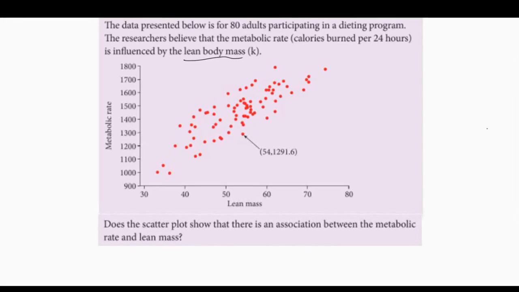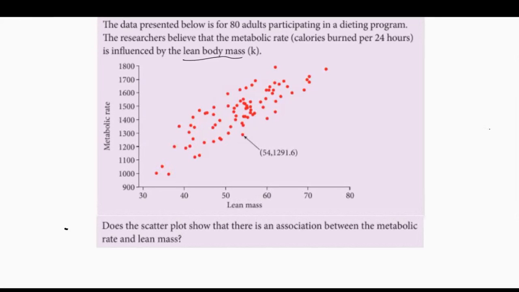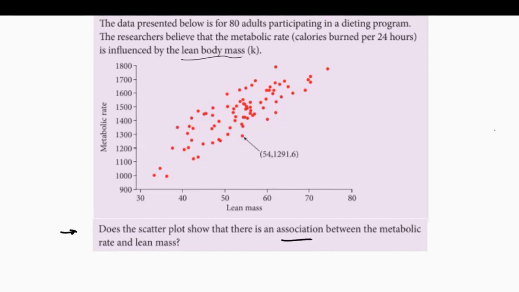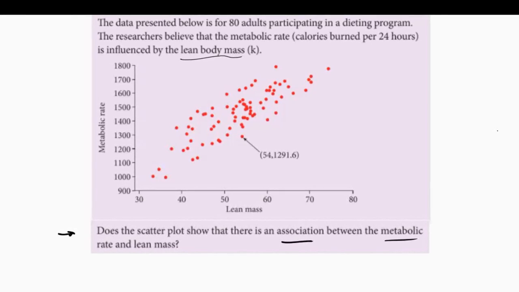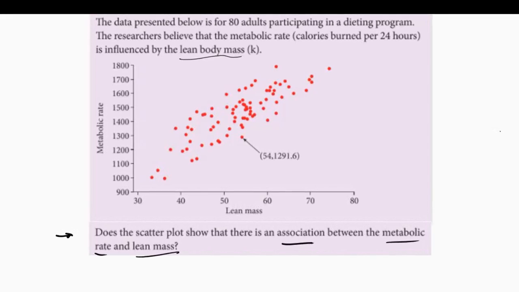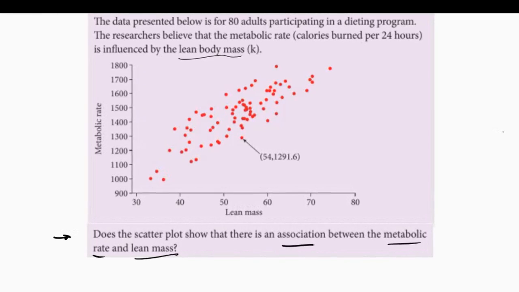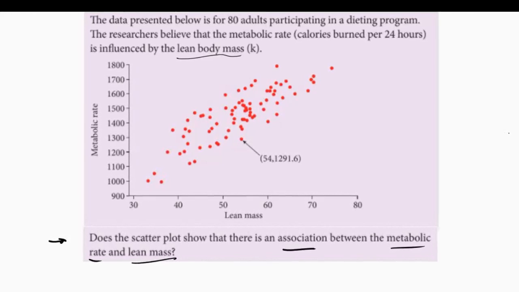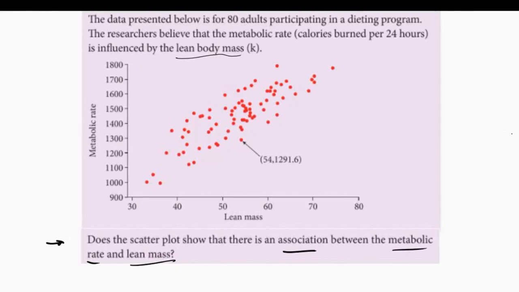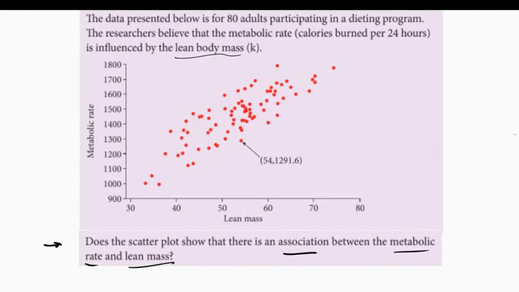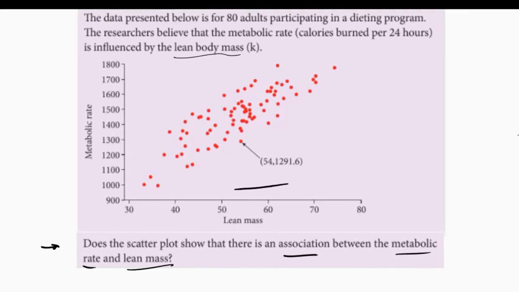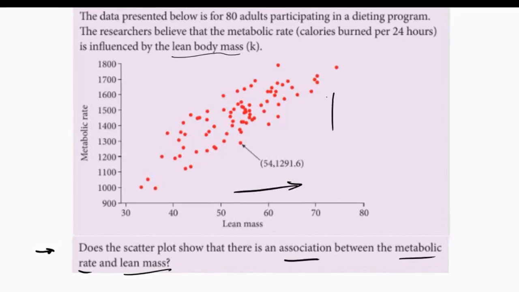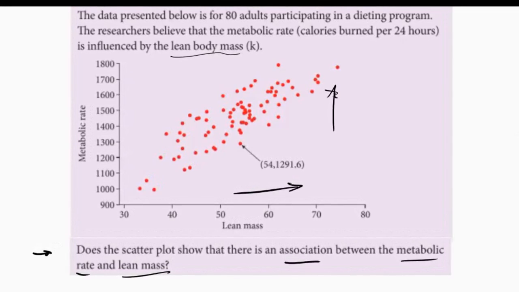So the question here is, does the scatter plot show that there is an association, remember that word we just saw, between the metabolic rate and lean mass? Well, I think it's easy to observe that there is definitely a positive association. Why do I say a positive association? Because the greater the lean mass, the higher the metabolic rate.